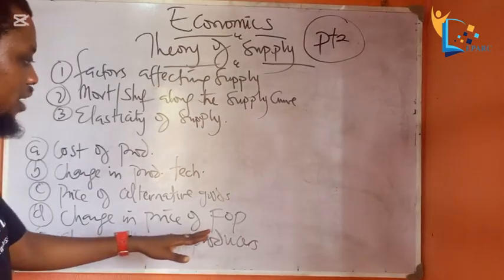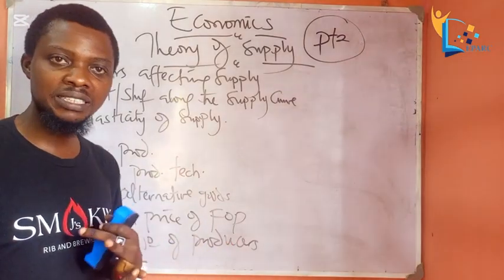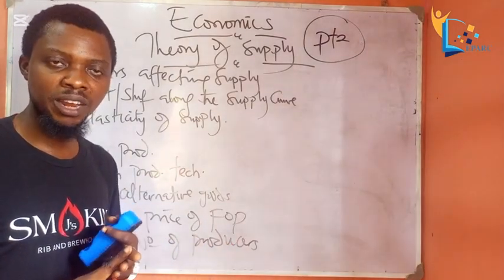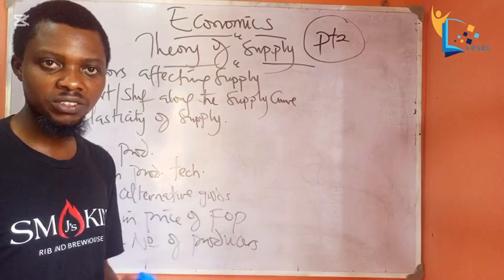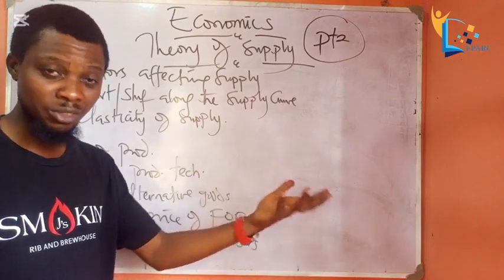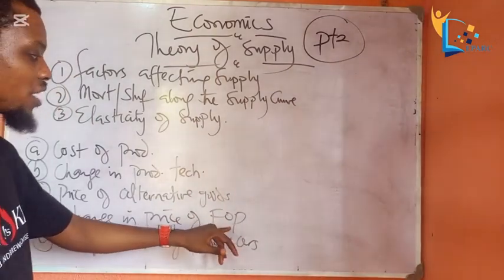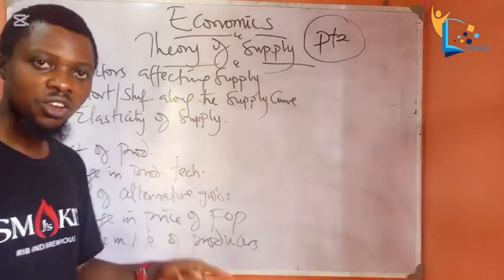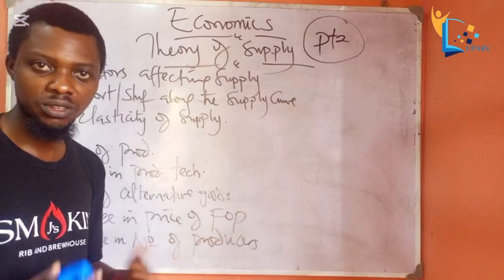Now we have change in price of factors of production. We know the factors of production already: the land, the capital, the labor, and entrepreneurship, which has to do with management, wages and salaries and administrative expenses. When there's an increase in prices of factors of production, it's going to affect the price at which suppliers are willing to supply their goods to the market.